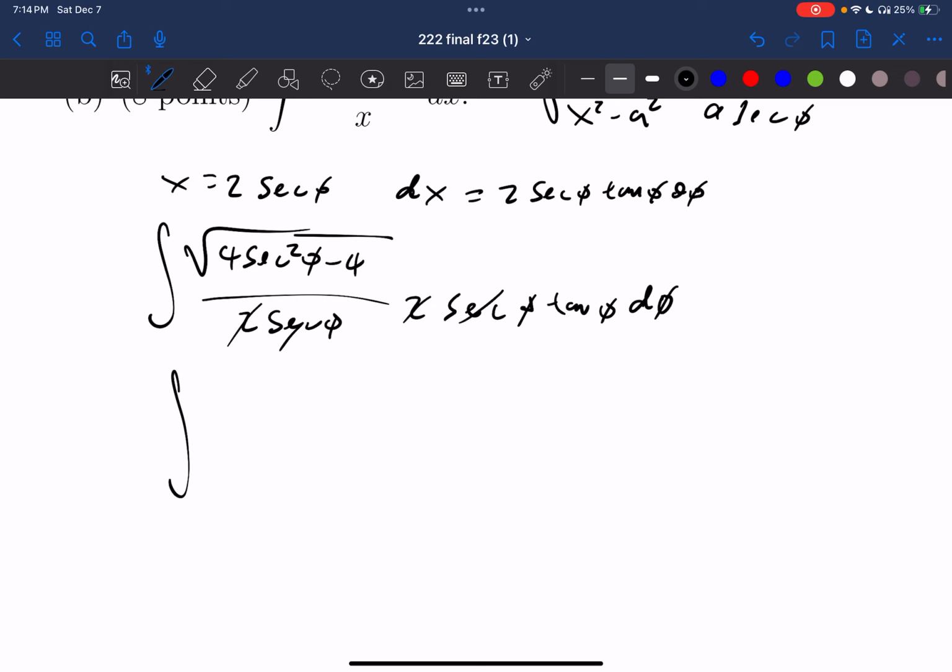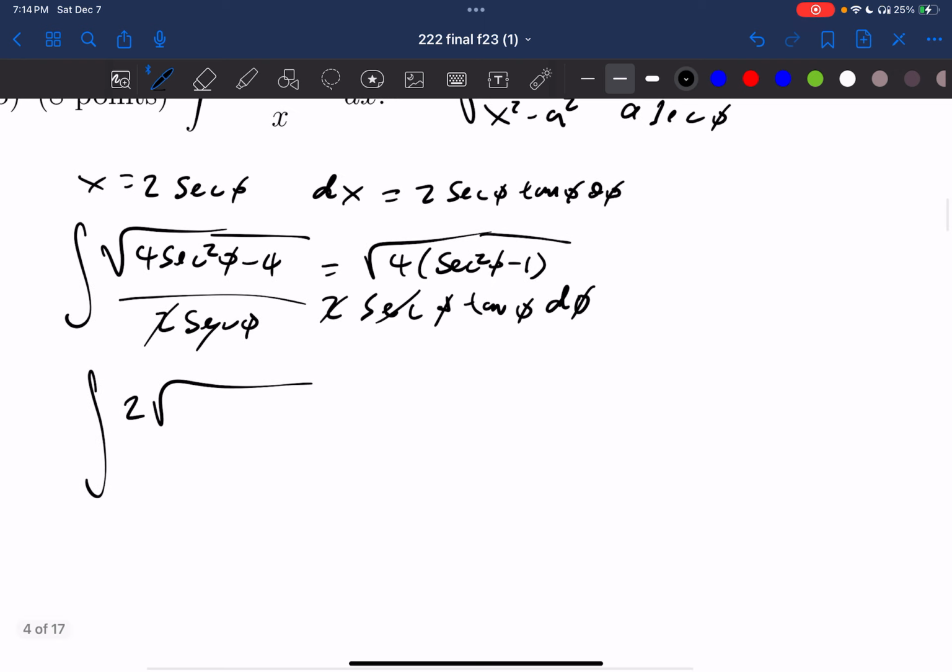So now let's focus here. This will be a 2, but this will be basically equal to the square root of 4 secant squared theta minus 1. And this 4, we can bring to the front. And then secant squared minus 1.